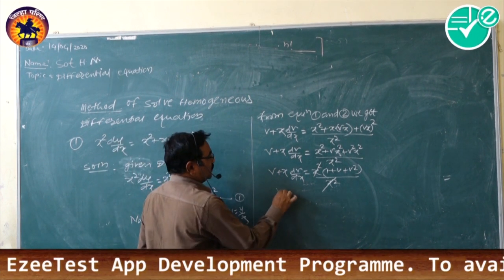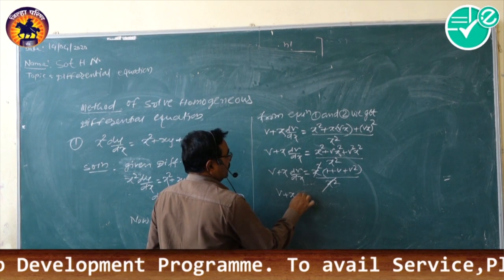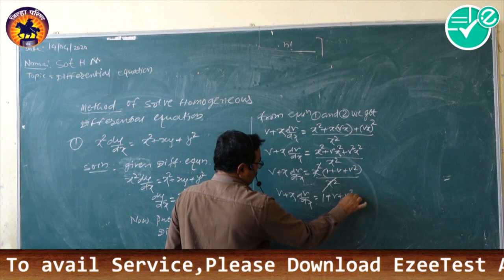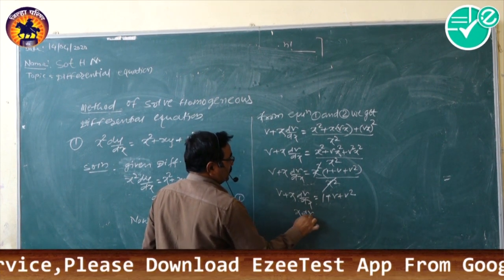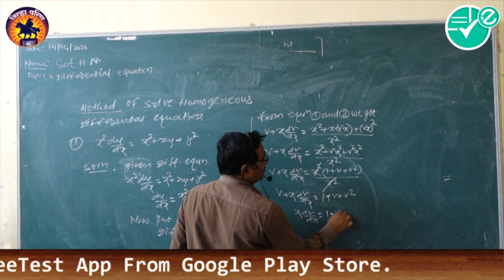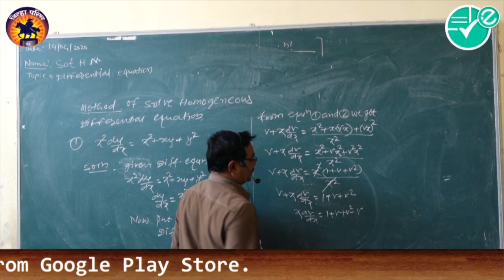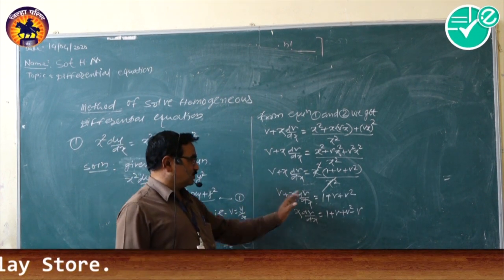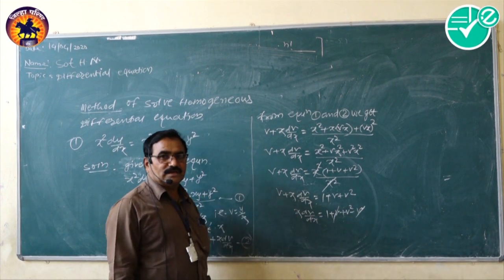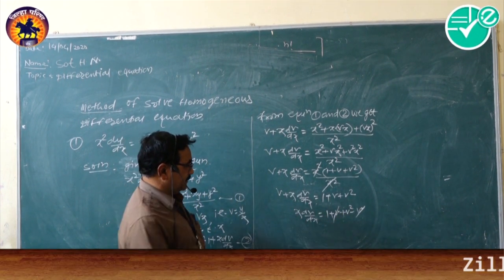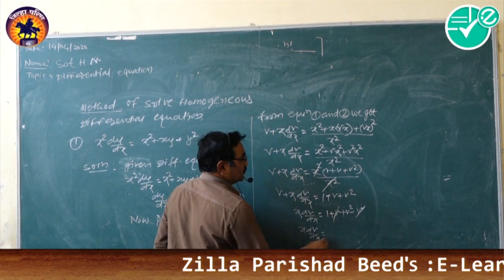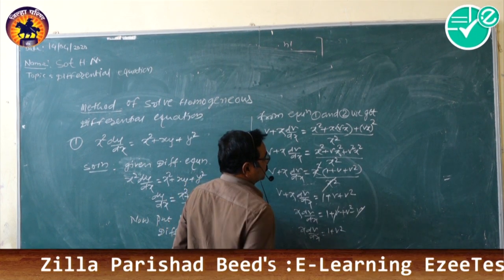The equation remains v + x dv/dx = 1 + v + v². x dv/dx = 1 + v + v² - v. The v goes to this side and becomes minus v, so plus v and minus v cancel. Remains only x dv/dx = 1 + v².